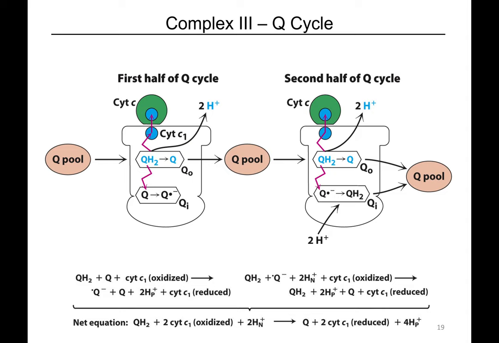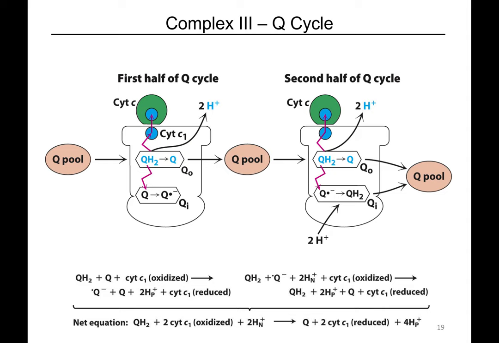Both leave. The enzyme is now empty. It can start over. So the overall reaction is two electrons come in from coenzyme Q, two oxidized cytochrome Cs get reduced, but the process by which it happens is more complicated.